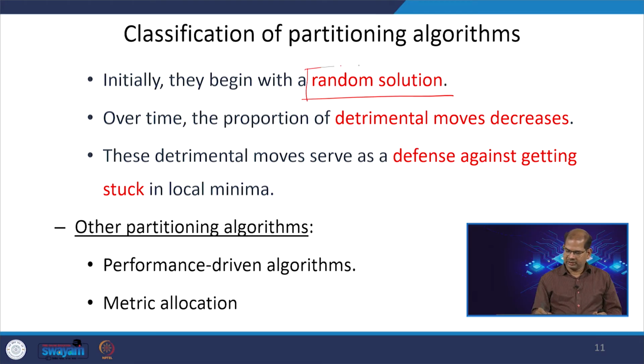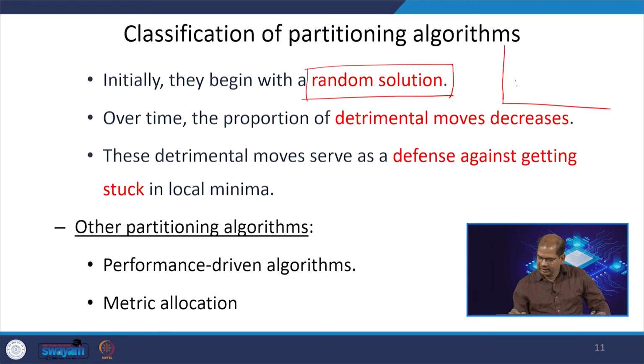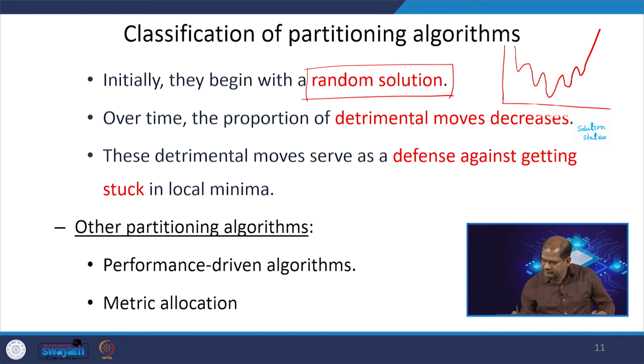Okay. So, whatever I told in the previous slide, this is my x axis, the solution state, and this is the cost function, the y axis. So, if these are my local solutions, these are my local solutions. Okay.